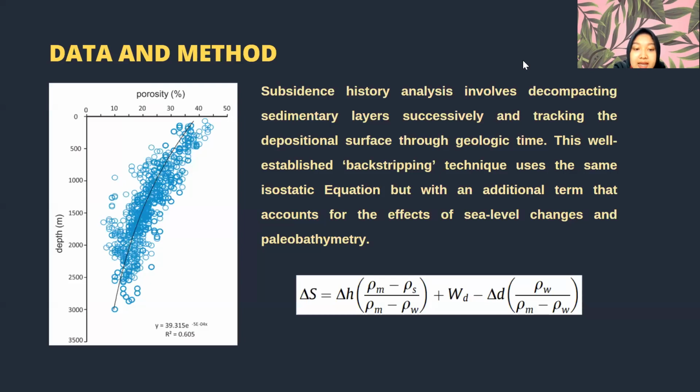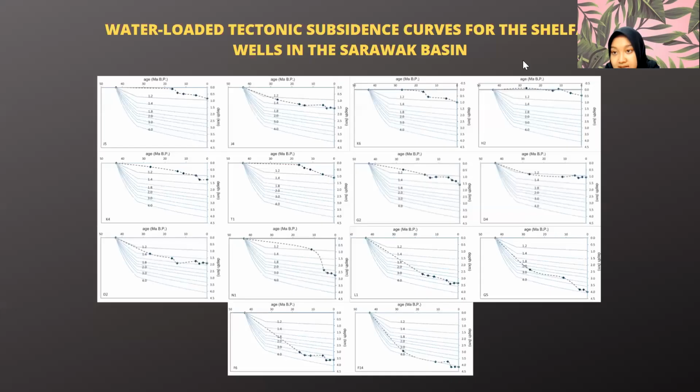Next is data and method. This is a well-established backstripping technique that uses the same isostatic equation, but with an additional term that accounts for the effect of sea level changes and paleobathymetry. So this is the equation used in the method. Based on previous studies, gravity modeling data calculation used several methods by the researchers and Madon et al.